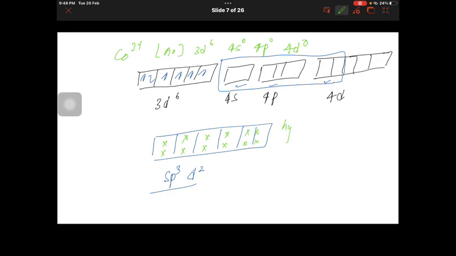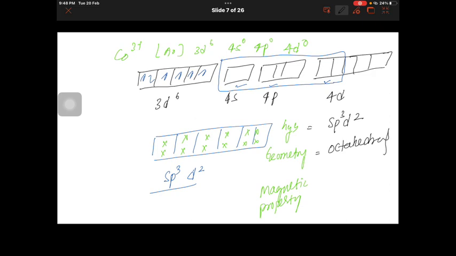So here hybridization is sp3d2, geometry octahedral. Magnetic property: here 4 unpaired electrons, that's why paramagnetic property.